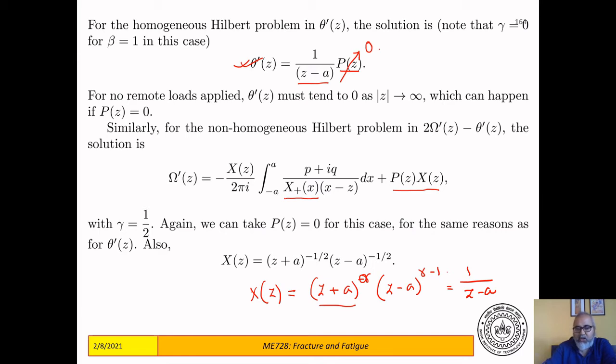You evaluate this integral, multiply with X(z) by 2 pi i, and P(z)X(z) will give you capital omega prime(z).